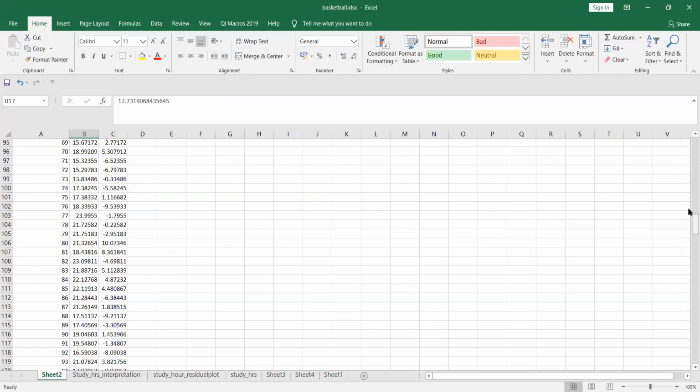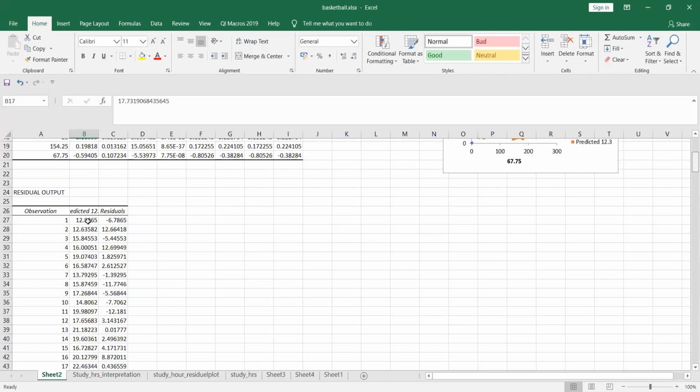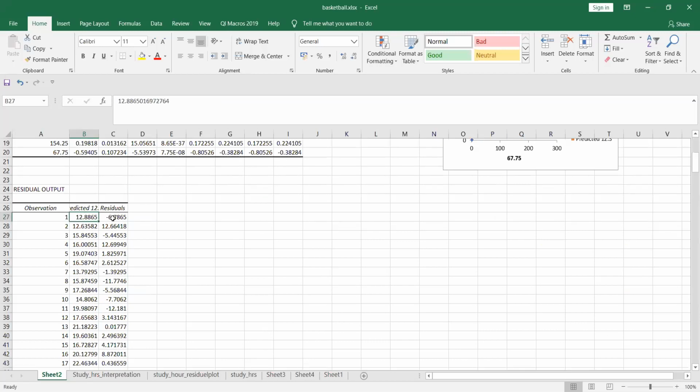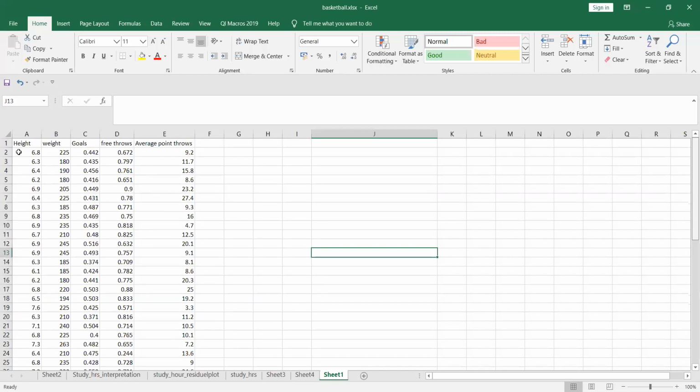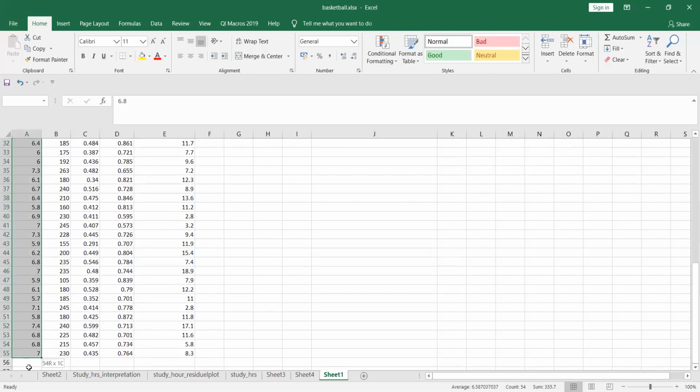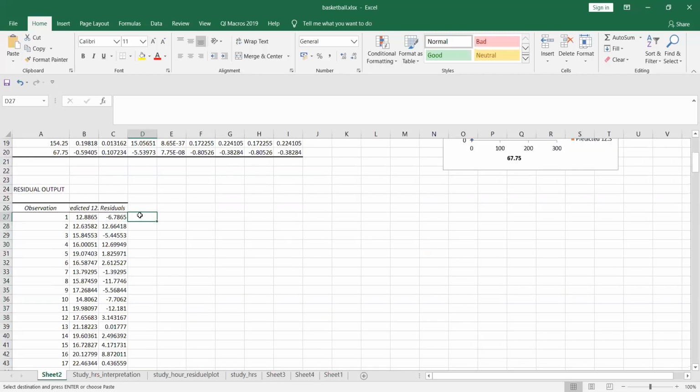Now this is the predicted value, and this is the residual error. You can copy the test samples again and then check.